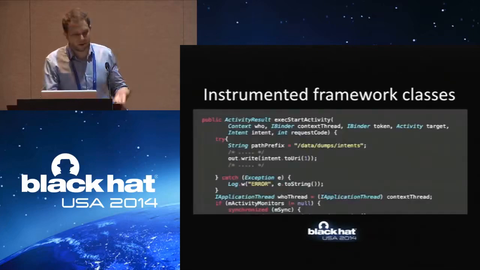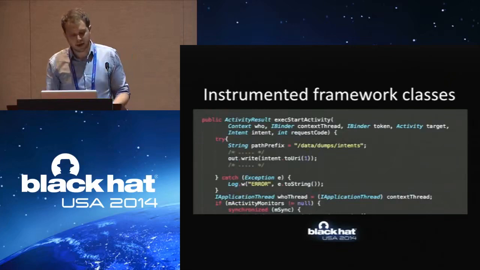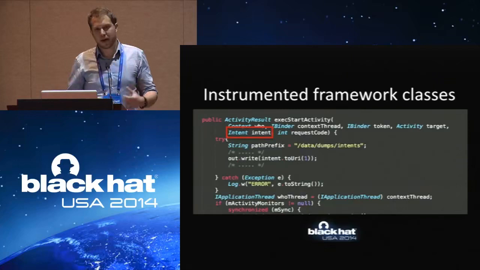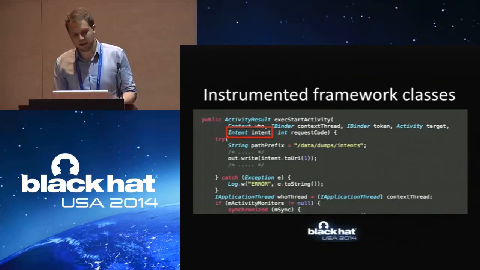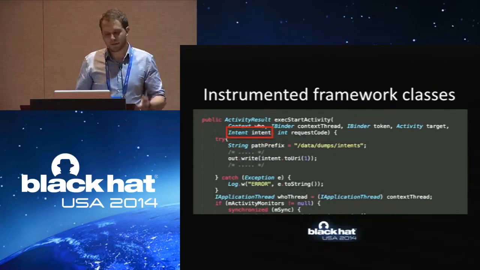This is one example from the activity manager. The same things apply for services. This method is like the root of the overload chain of the Android startActivity command, which is called on the Android framework when an activity needs to be started.